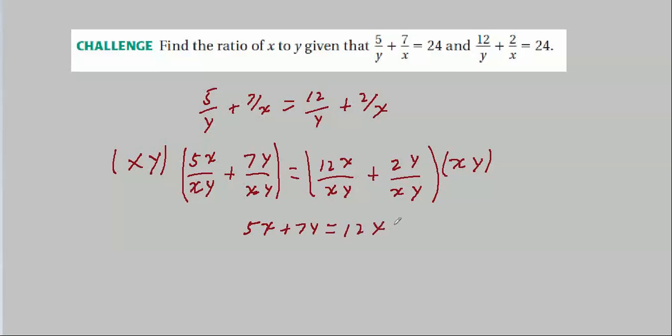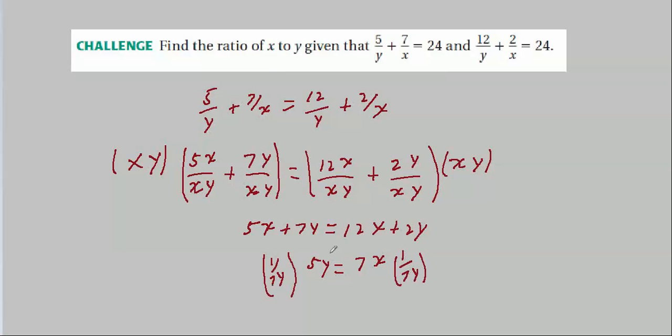plus 2y. Well, let's suppose we subtract 5x from each side and get 7x over here. Subtract 2y from each side and get 5y over here. Now, multiply through by 1 over 7 and 1 over y. In other words, multiply through by 1 over 7y on each side.